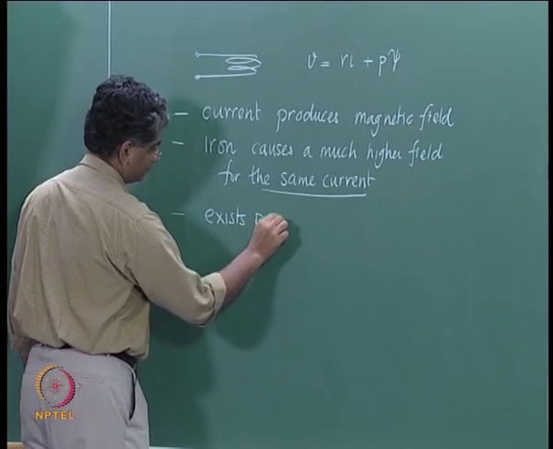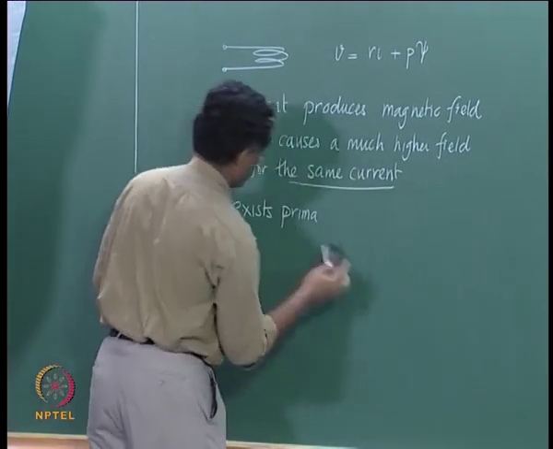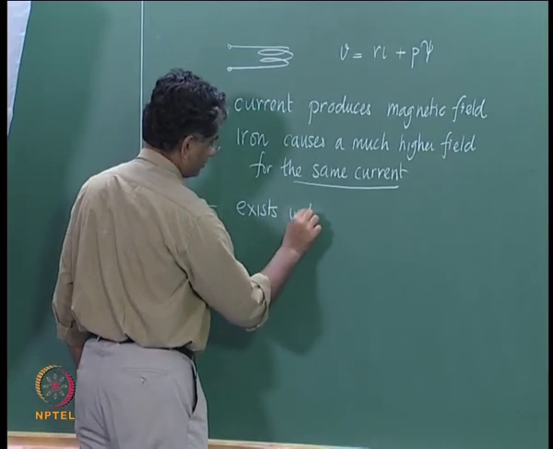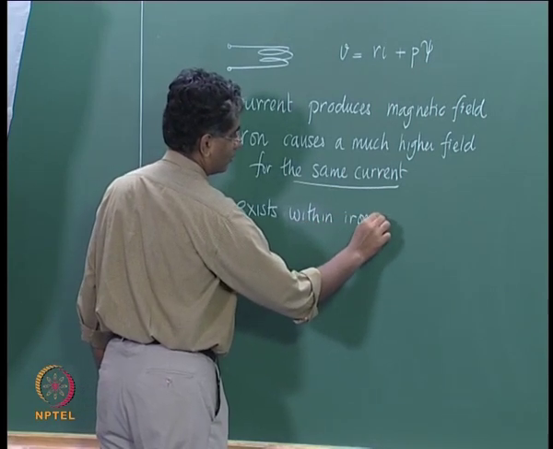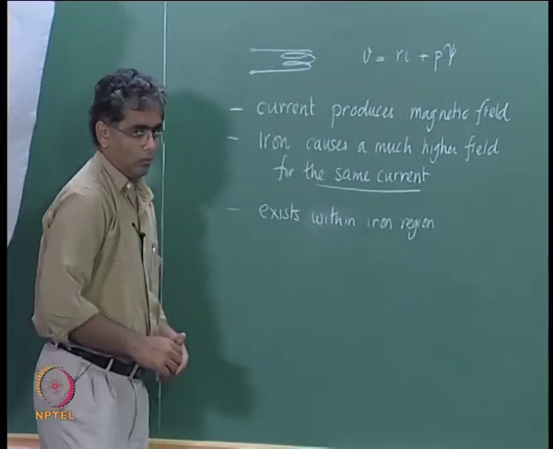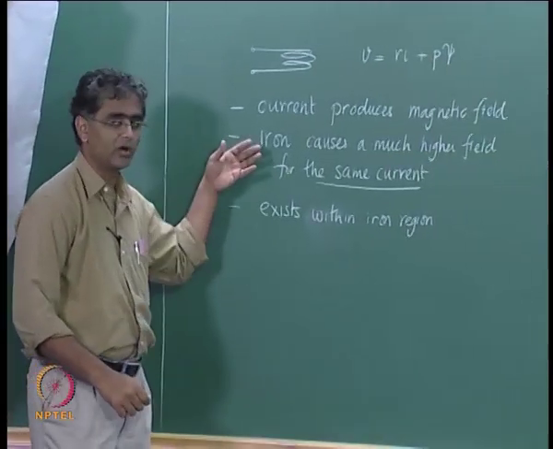and this much higher level of flux density exists primarily, or maybe I should say exists, within the iron region. In the region outside iron, the field is still pretty small.